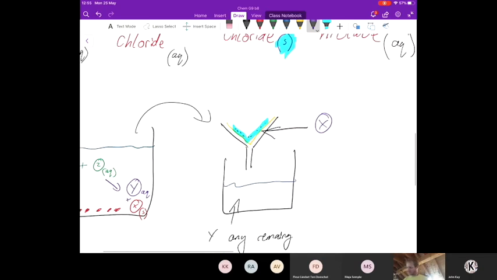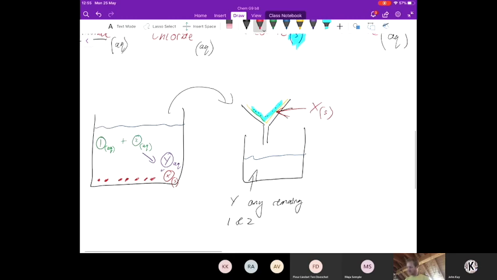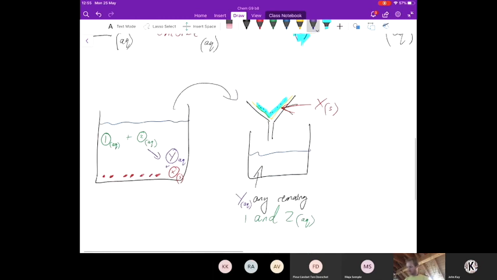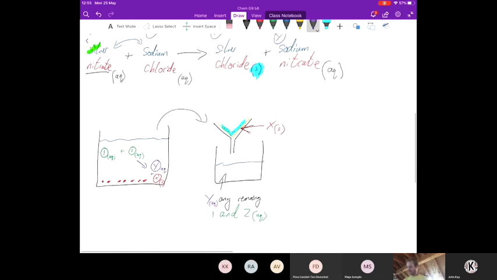That forms X, which is solid, and therefore Y and any remaining 1 and 2 are aqueous. Hopefully that makes sense.